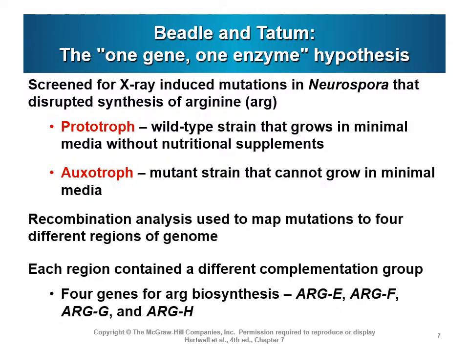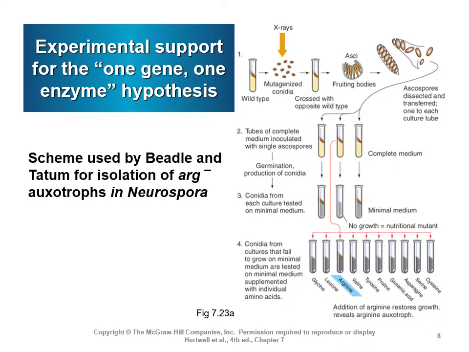So mutation in any of these 4 genes will result in dysfunction of arginine synthesis. Question is, why do all 4 genes need to be complete and not mutated in order to have proper arginine synthesis? And here is how the experiment was conducted.